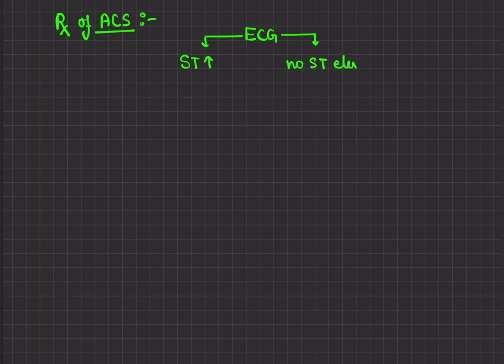Now let's learn about some treatment of ACS. In ECG, is there any ST elevation or no ST elevation? ST elevated means STEMI. Then look for chest pain duration.